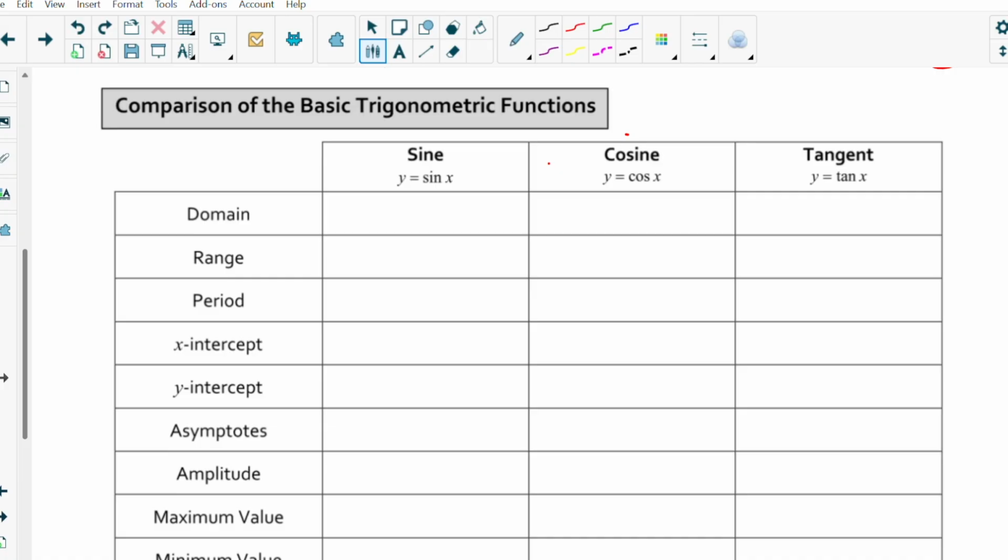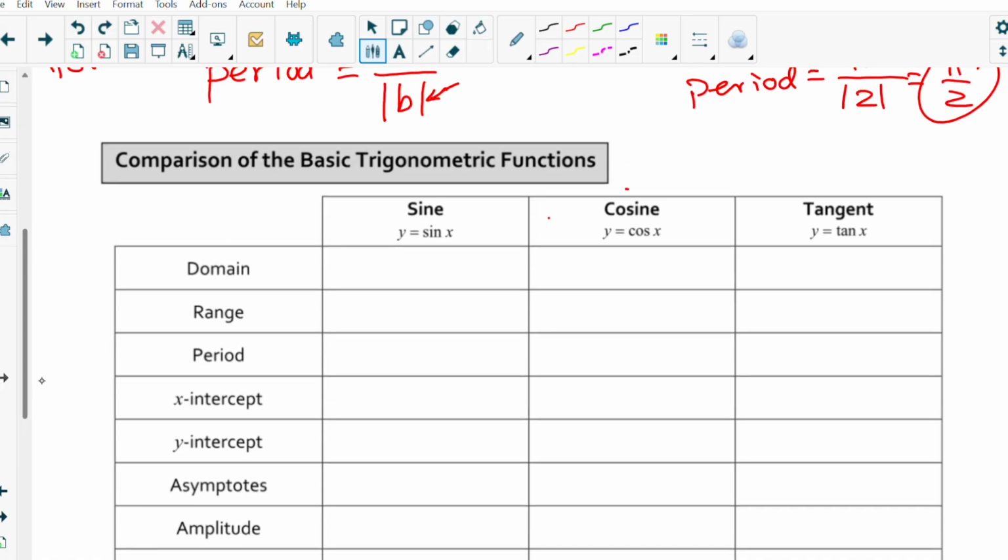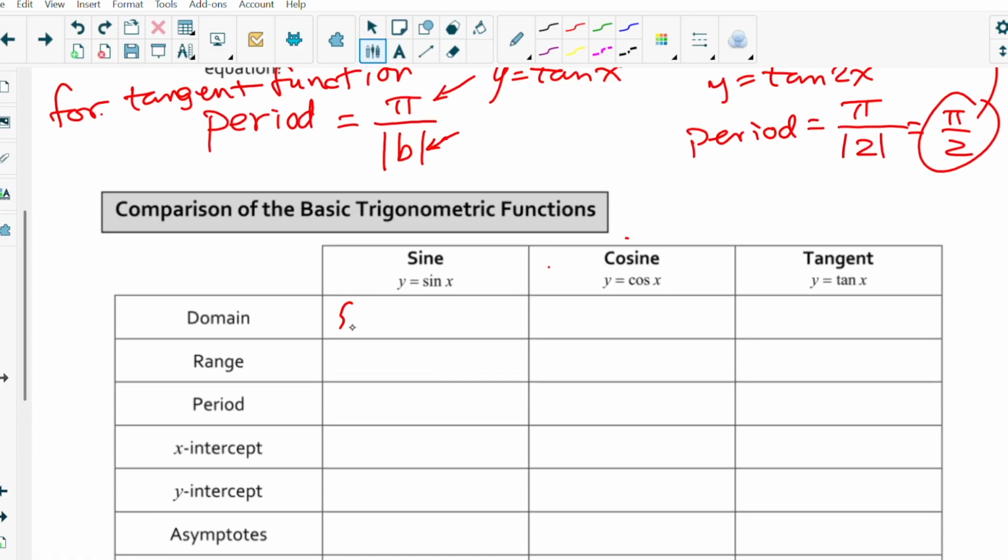All right, comparison of basic trigonometric functions. Let's go through these. The sine function: the domain is x such that x is an element of all real numbers. The range varies between -1 and 1. The period of the sine function is 2 pi.